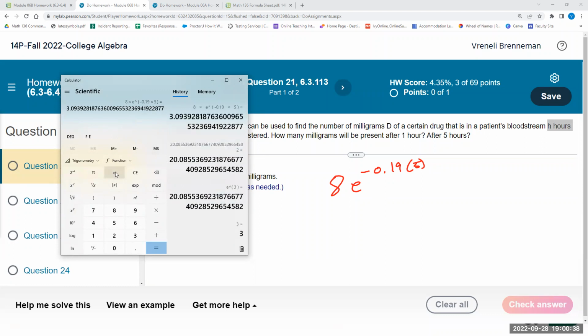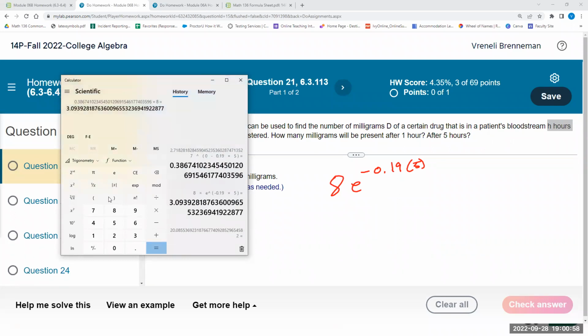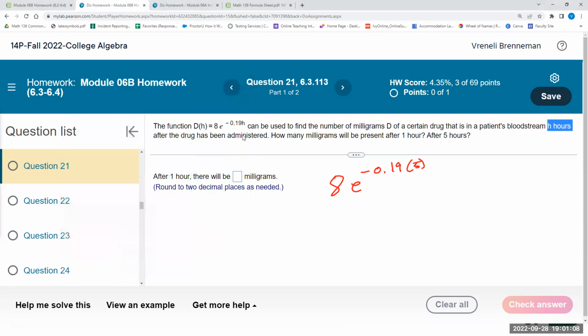It does also have just an e button, so I think I could do e to the power of negative 0.19 times 5, and then multiply that by 8. But just figure out whatever calculator you're on, make sure that you can do those calculations involving e as the base of the exponent, and then make sure you follow the rounding instructions on those.